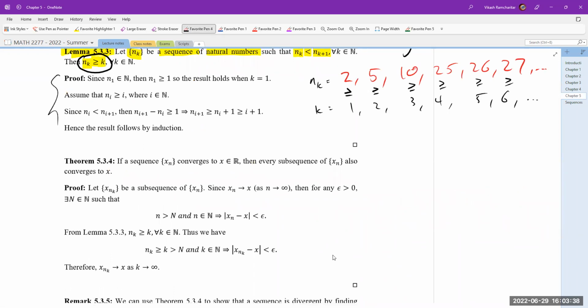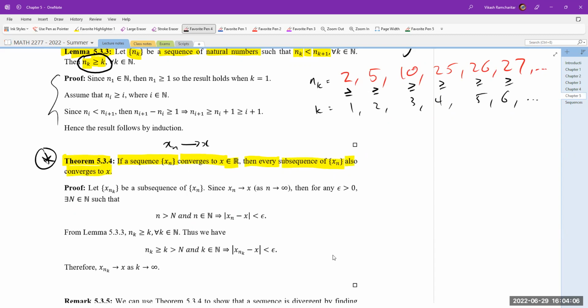And where you need it was for this theorem that says if a sequence xn converges to x, where x is a real number, then every subsequence of this guy, so we just looked at how to form these subsequences, is also going to converge to x. Okay, so it's a very important theorem.